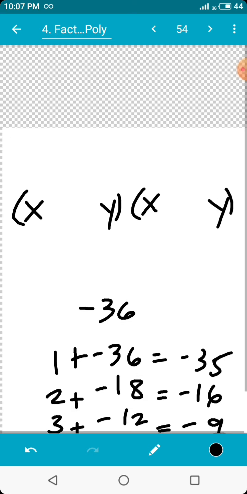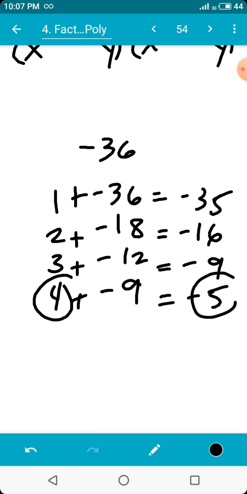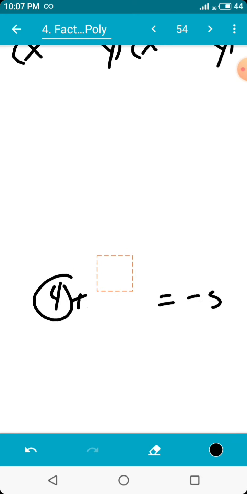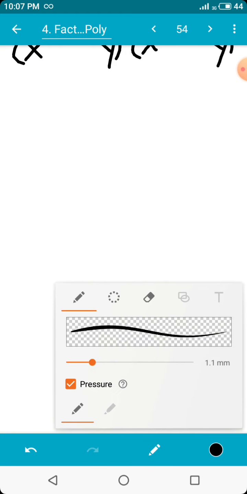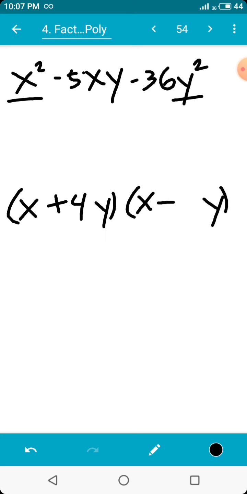And ito yung nandun sa coefficient. So, yung hinahanap natin factors ay positive 4 and negative 9. Okay? Positive 4 and negative 9. So, yun ngayon ang isasulat natin dito. Alright? So, ngayon, ang factors ng ating trinomial ay x plus 4y and x minus 9y.